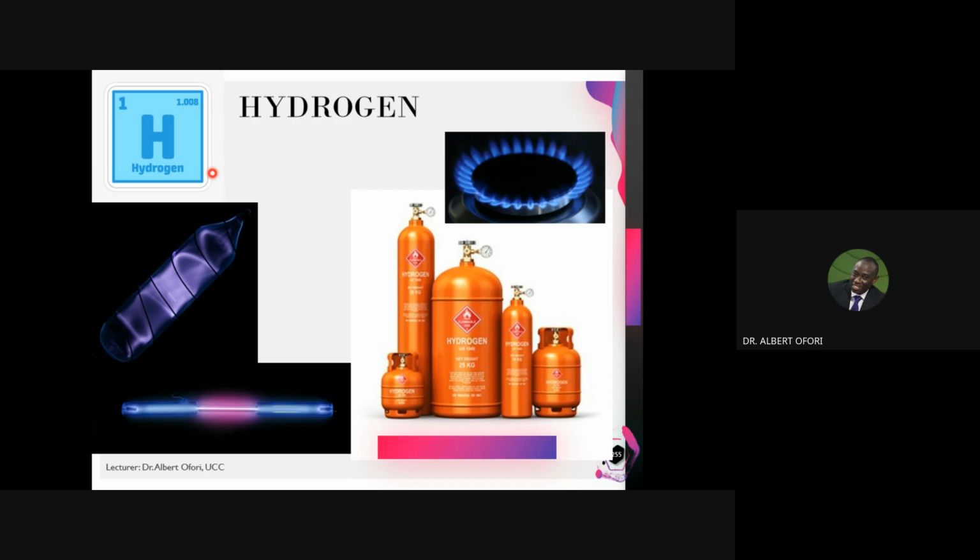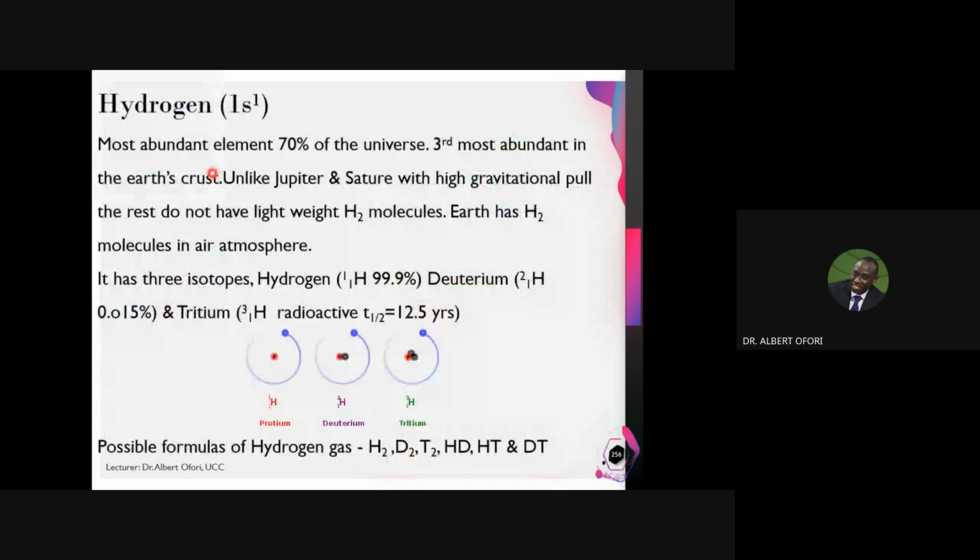We should also note that hydrogen exists in the atmosphere as well. So yes, let's note that. So that's the third most abundant in the earth crust, following oxygen and then silicon.